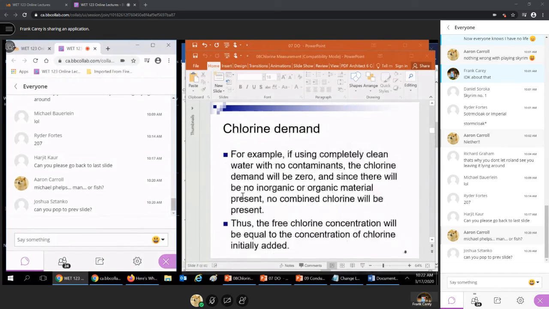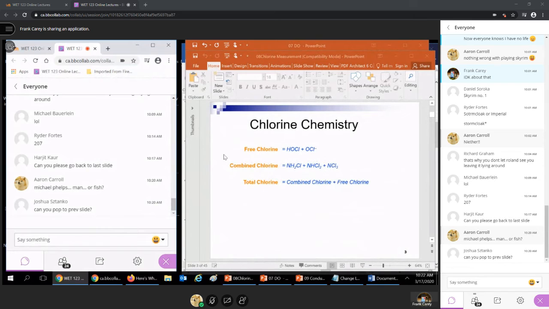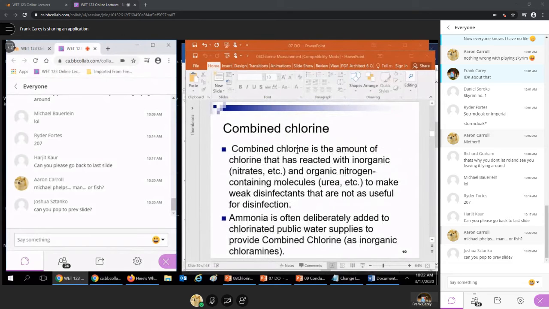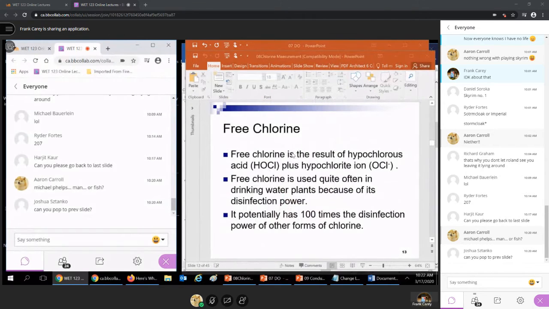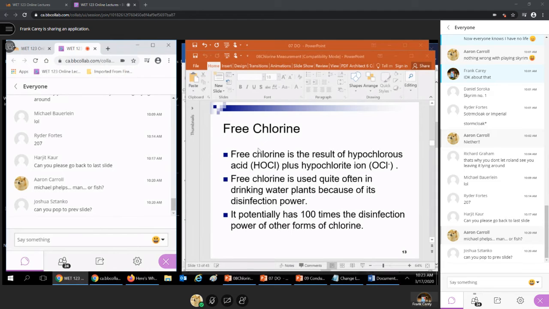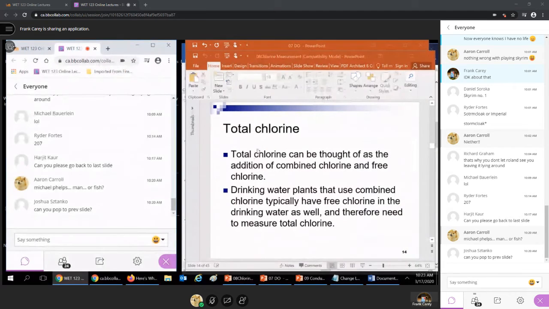You guys already know how it dissociates in water. I'm not going to get into that. It's not needed for this course. But the nice thing about free chlorine is potentially it has 100 times ish the disinfection power of other forms of chlorine.